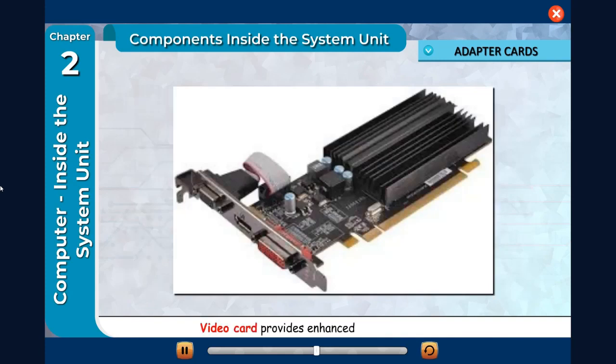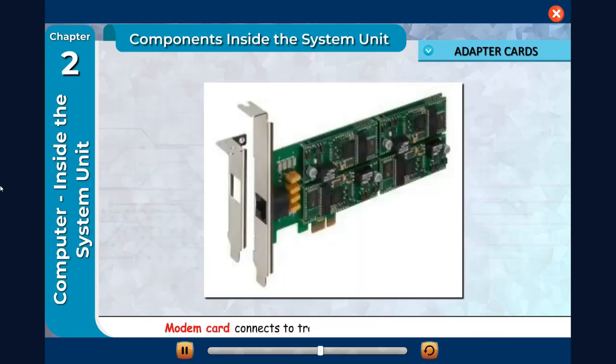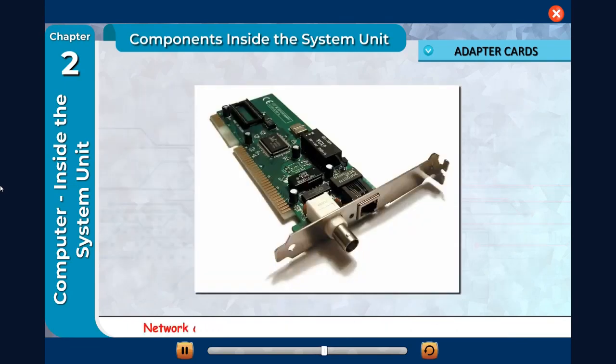Modem card connects to transmission media such as phone lines. Network card provides network connections such as to an Ethernet port. Nowadays, all the latest motherboards include all necessary capabilities and do not require adapter cards. Some motherboards may require adapter cards to provide capabilities such as sound and video.